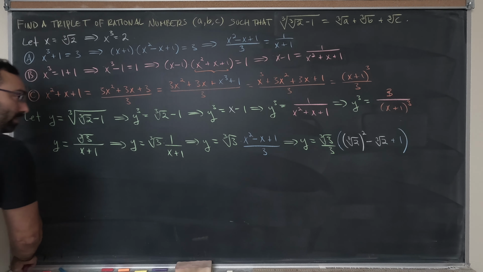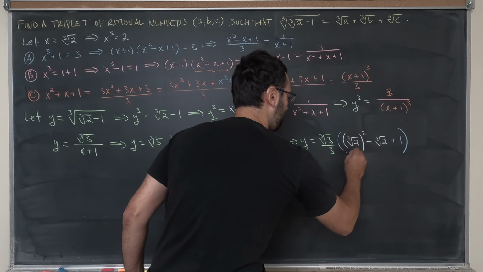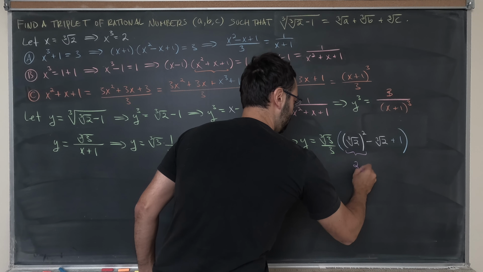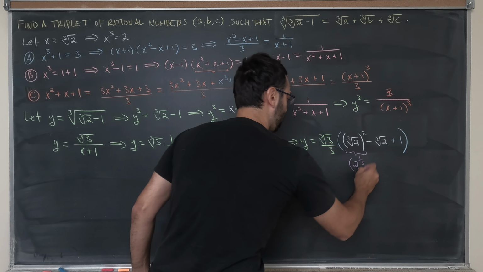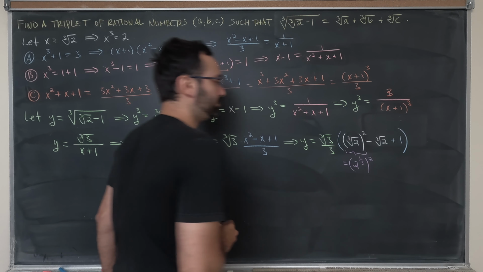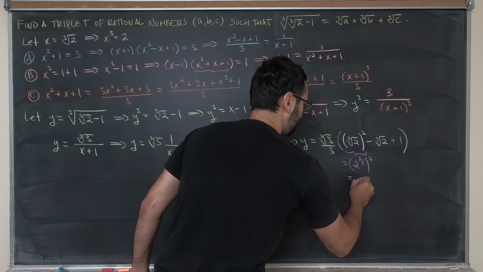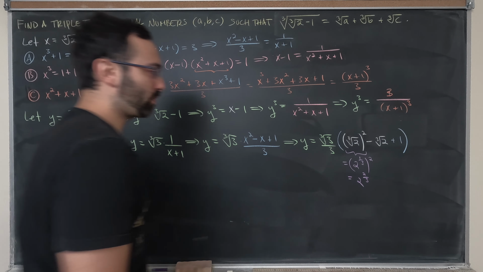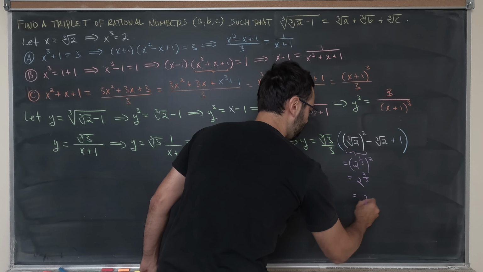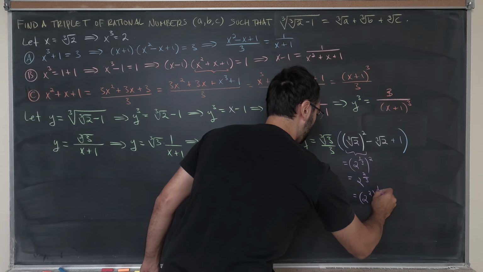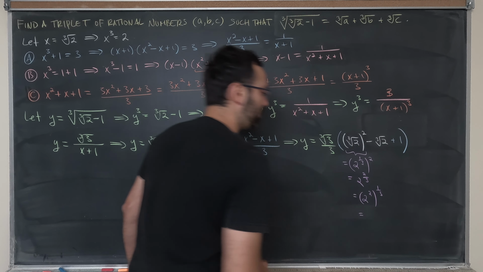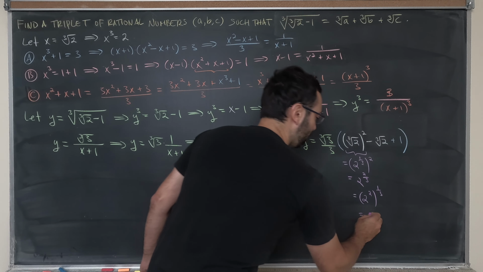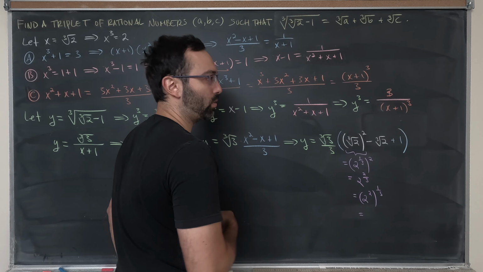But this quantity over here is just 2 to the power of a third all squared. And that's 2 to the power of 2/3. So that's like writing 2 squared to the power of a third, which is just 4 to the power of a third, or the cube root of 4.